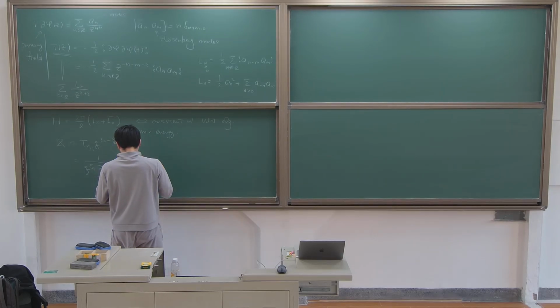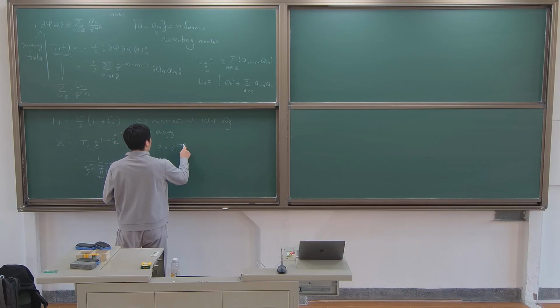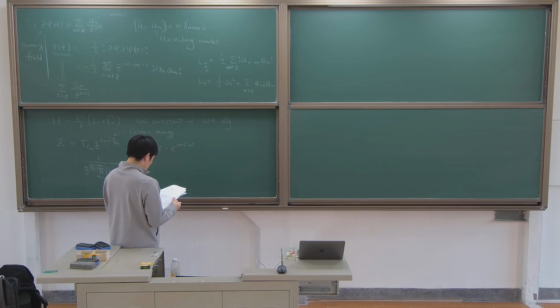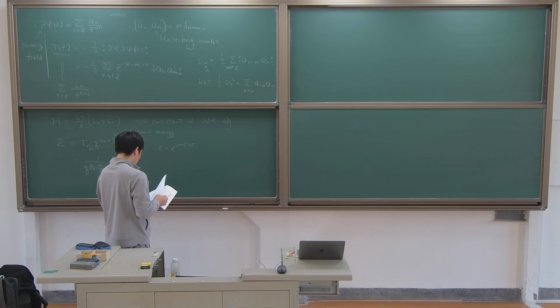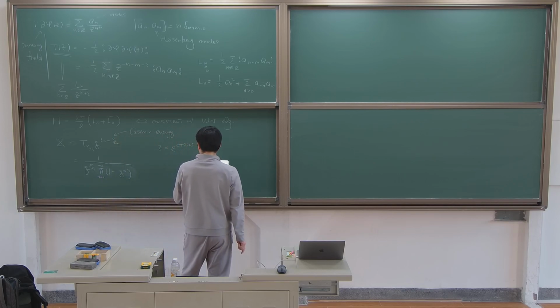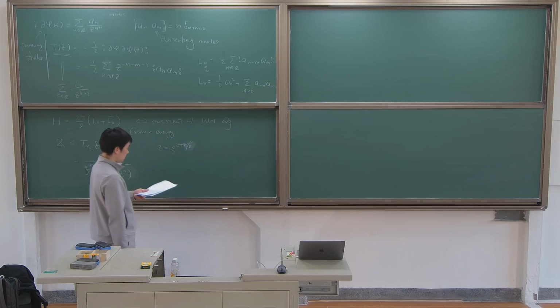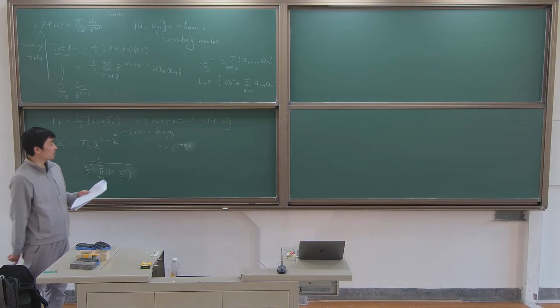So first of all, what we know is that if you consider the transformation of the stress energy tensor, z is equal to e to the 2 pi w over L. So that's the relation between w and z.